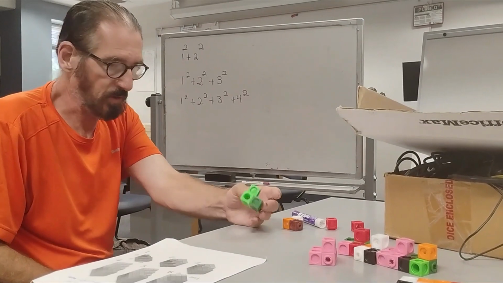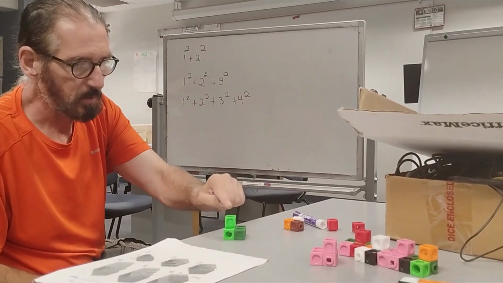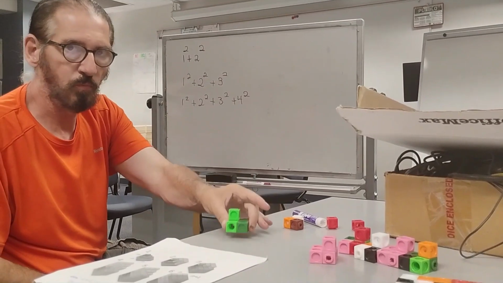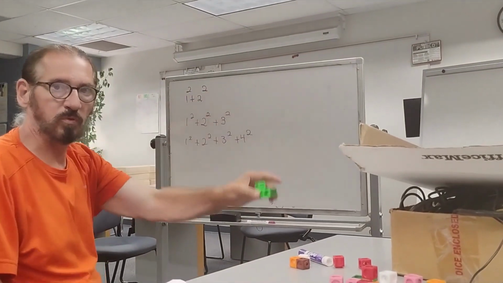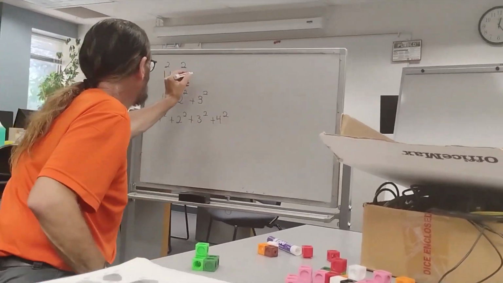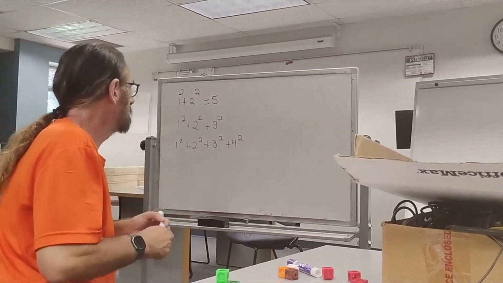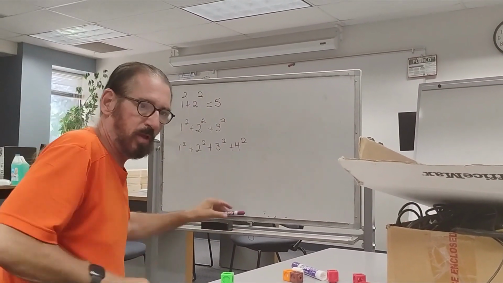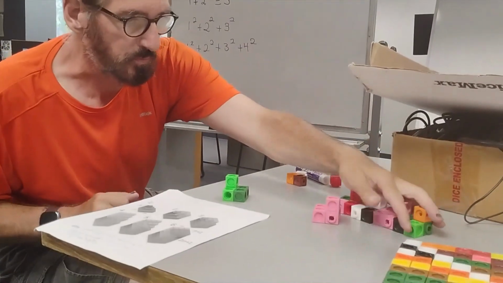So now we're back to talking about volume. This one we've got 1 plus 4, or 1 squared plus 2 squared, for a total volume of 5. But we also have a total of 6 copies of that.